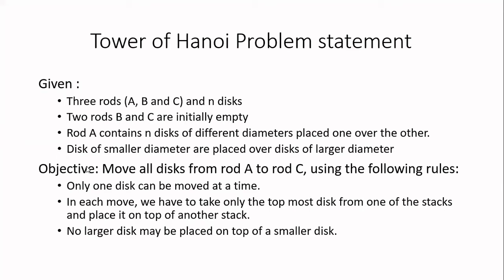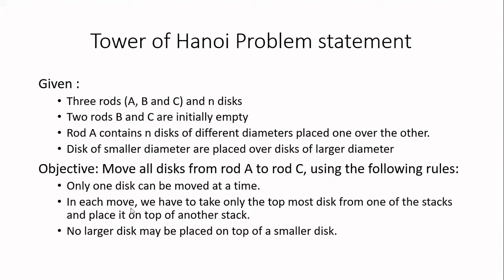So the objective of the problem is you have to move all the n disks from rod A to rod C. Initially, when you start, all are in rod A only. You have to move everything to rod C. While you are moving, you have to follow three rules. The first rule is only one disk can be moved at a time. You cannot take more than one disk at a time.